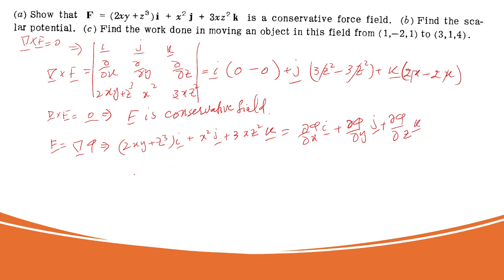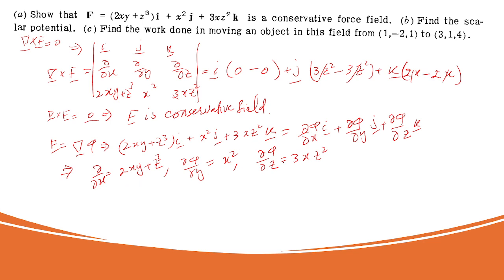Comparing these two, the i component gives me partial phi by partial x is equal to the x component, which is 2xy plus z cube, and then partial phi by partial y is equal to x square, and partial phi by partial z is equal to 3xz square.